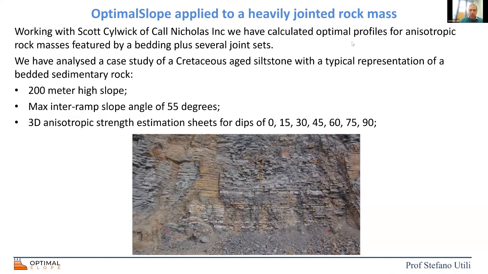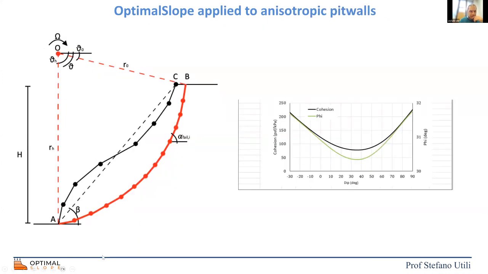So here I just want to talk you very quickly, almost at the end of my presentation, through a case study. This is a case study from a mine located in Mexico, with a 200-meter high slope. In terms of the software, whenever we consider a failure mechanism, this is just to give you an example, how do we account for anisotropy?